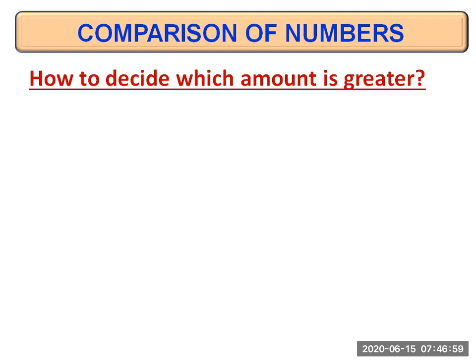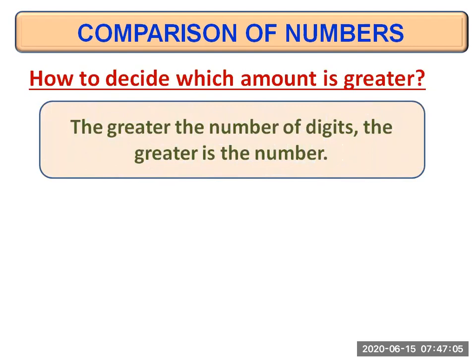First situation is when the number of digits are different in both the numbers. When we are given two numbers whose number of digits are different, the number with the greater number of digits will be the greater number. The greater the number of digits, the greater is the number. If a number has fewer digits than the other, then that number is smaller than the other.